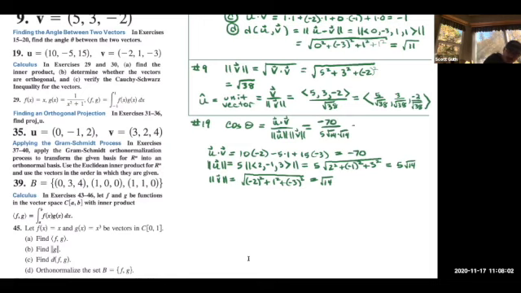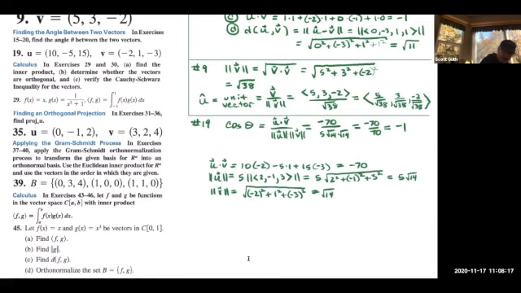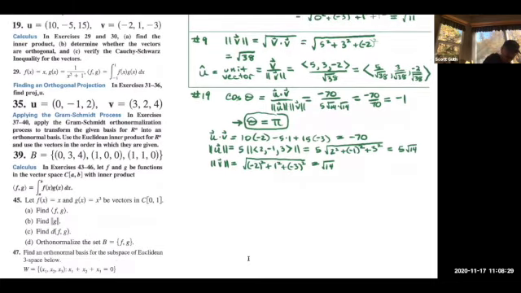So in the end, you get negative 70 over 70. So this is -1. Now it's pretty easy to see that theta will be pi. And that's our answer. Okay, any questions about that one? Let me know.